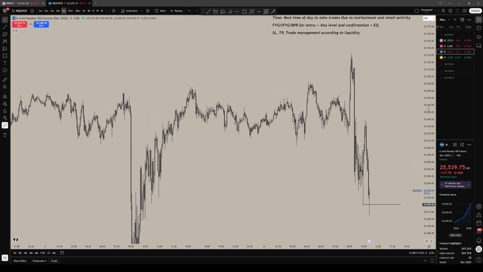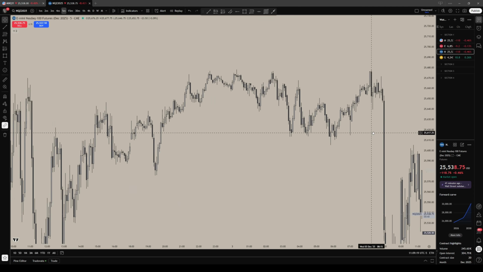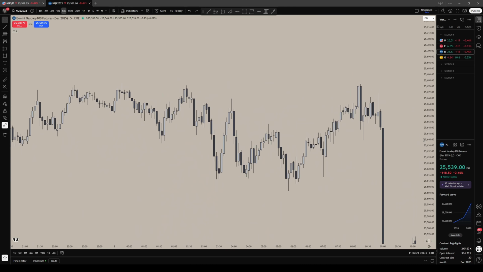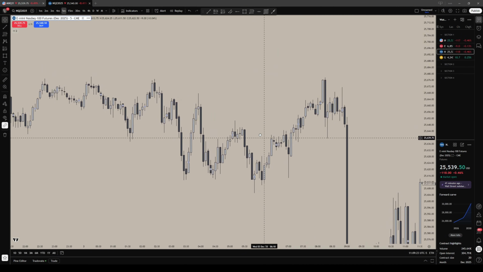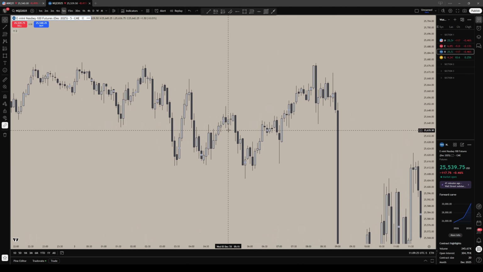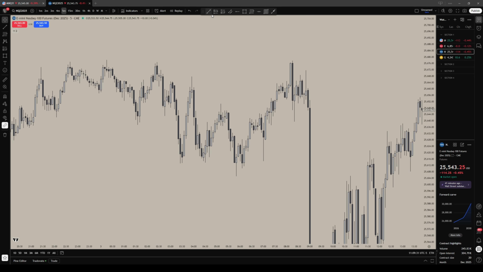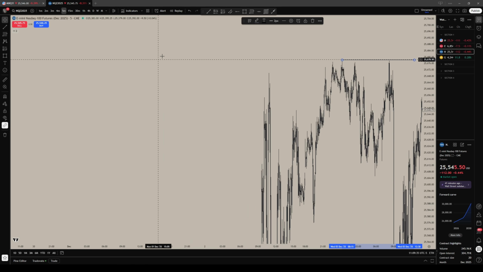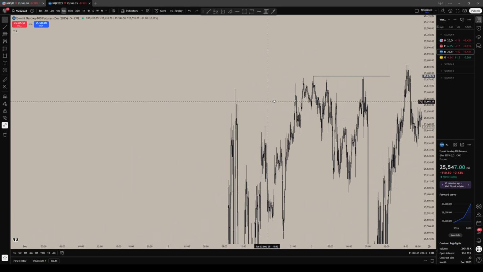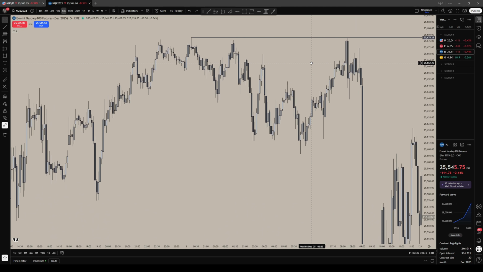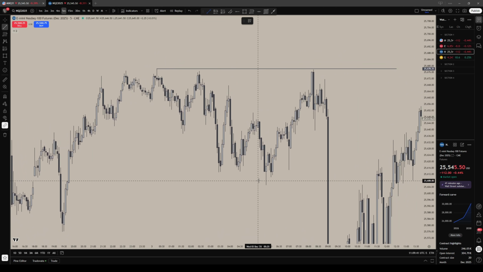I think it was right over here. Sorry, I forgot where it was. Right here. What sticks out here? There's a few things. You have this high of this range. There's not much else to the left of it. And you have this low over here. Right?